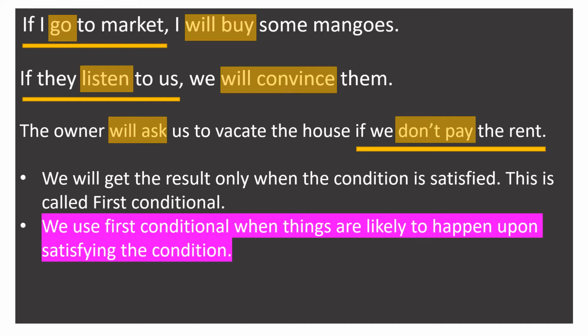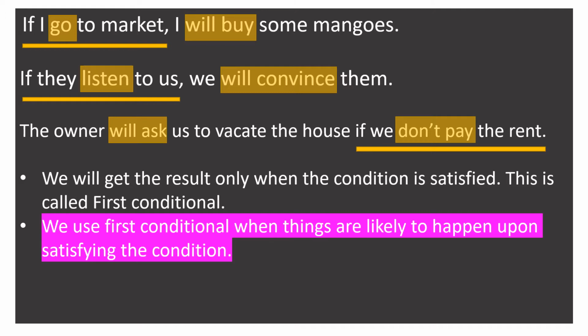And see the common thing in all the three verb structures. In each and every sentence, you might have noticed in the if conditional clause, the verb is V1, and in the main clause, the verb is will plus V1, means simple future.